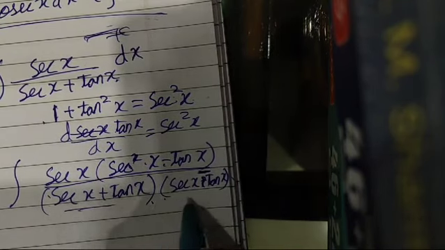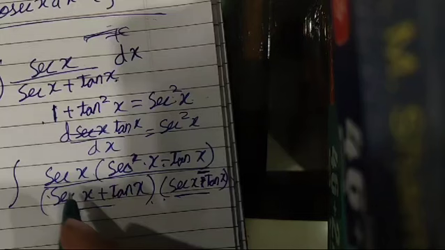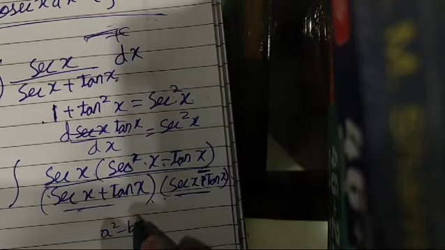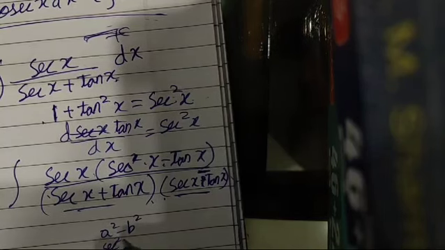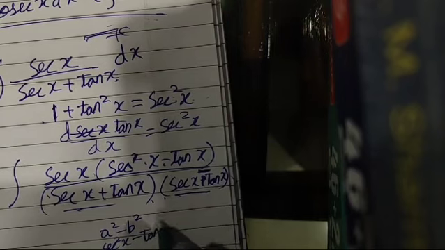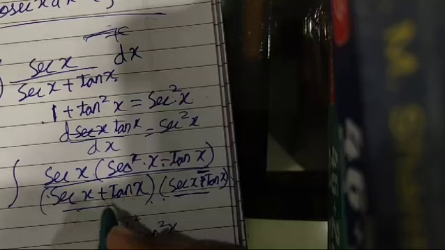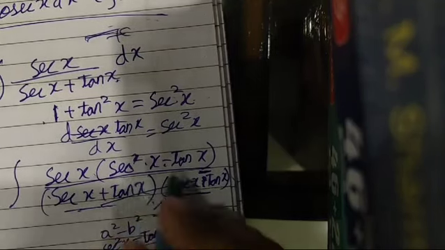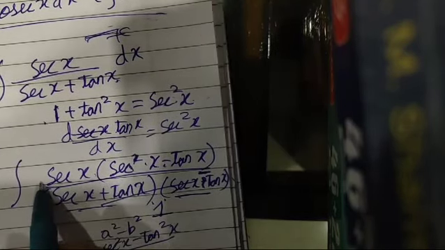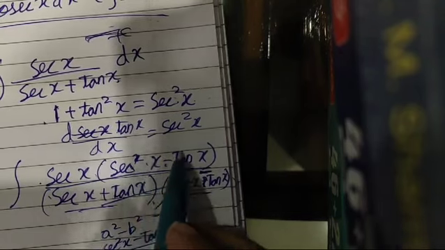Now this in the denominator is nothing but a square minus b square. That is sec square x minus tan square x. And sec square x minus tan square x is nothing but what? 1. So the denominator is 1. Now we multiply sec x by sec x minus tan x.